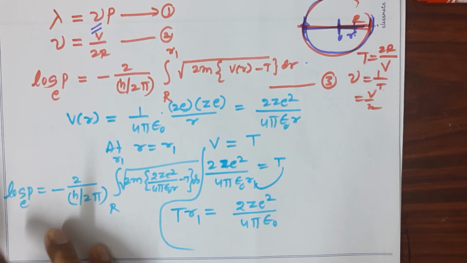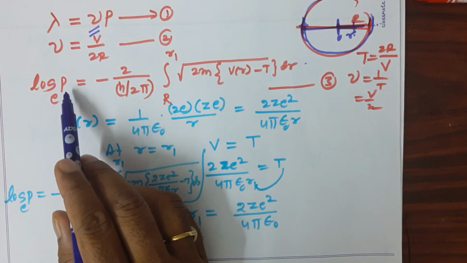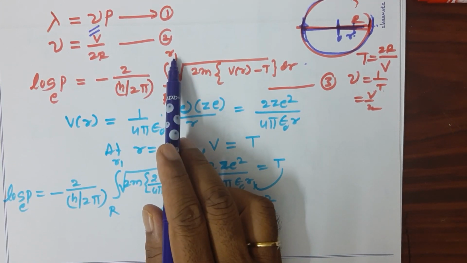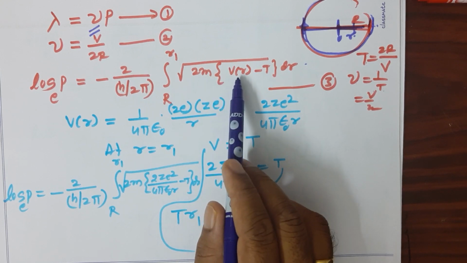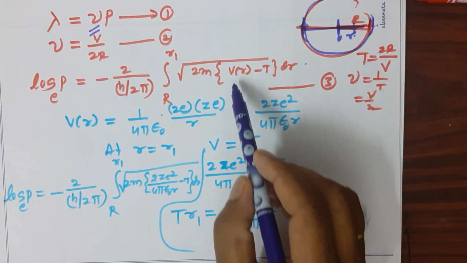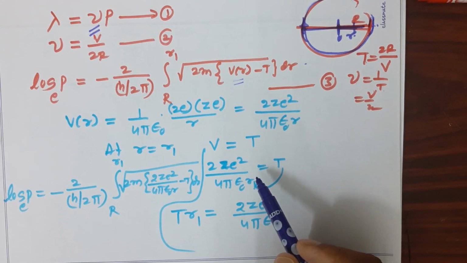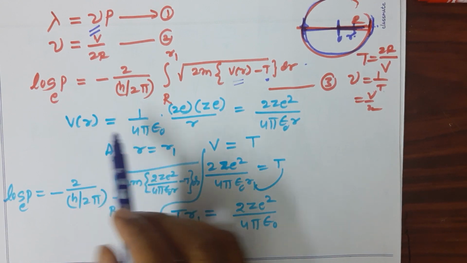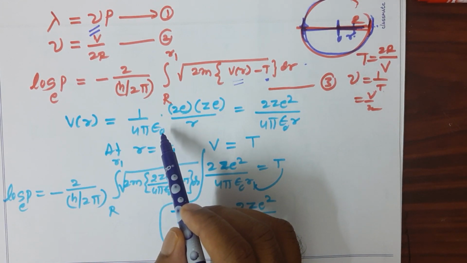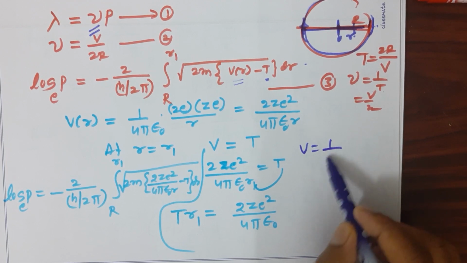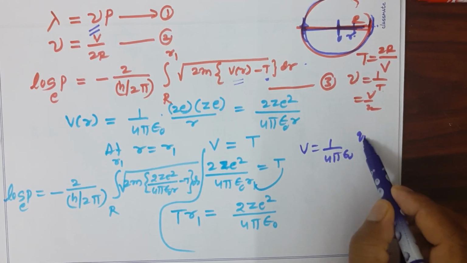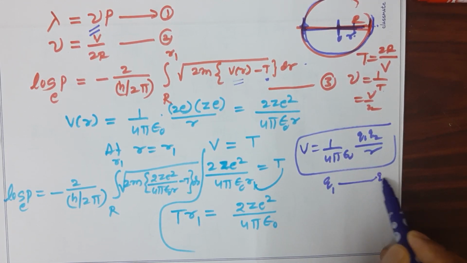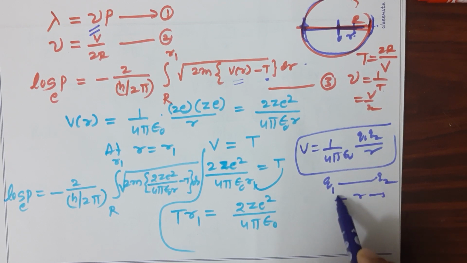So for that I am writing the equation directly. Log P to the base e equals minus 2 by h bar, that is h by 2 pi, integral from r2 to r1 of square root of 2m into (V of r minus T) dr, where V of r is the potential energy and T is the kinetic energy of the alpha particle. V of r equals 1 by 4 pi epsilon naught q1 q2 by r, the potential energy of a system of two charges q1 q2 at distance r.